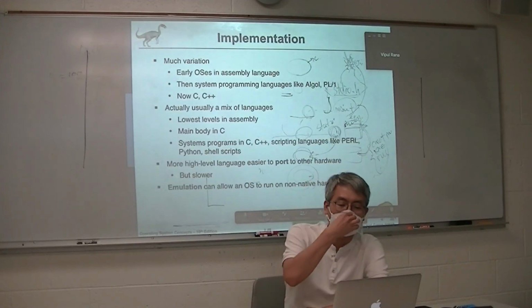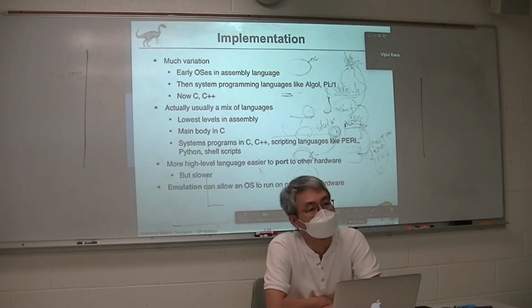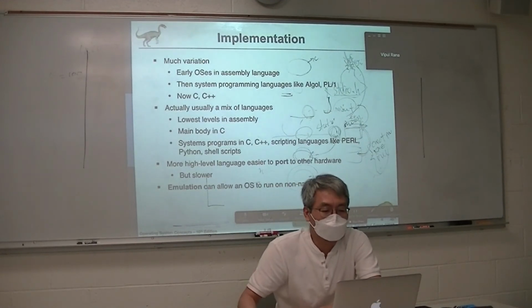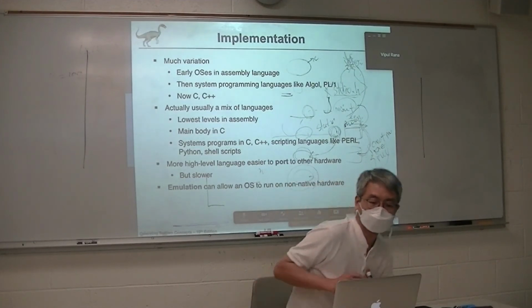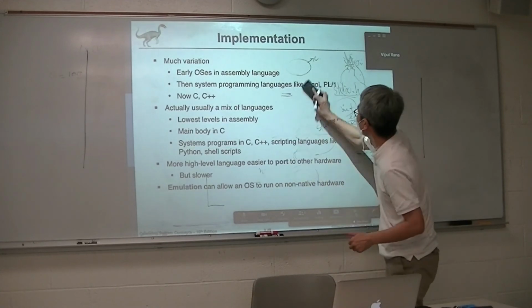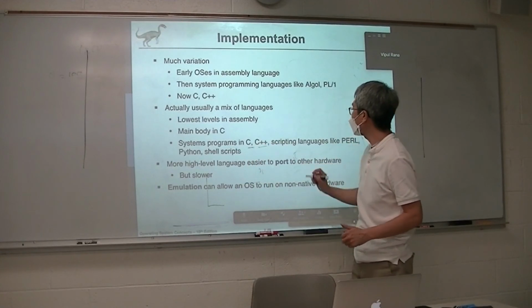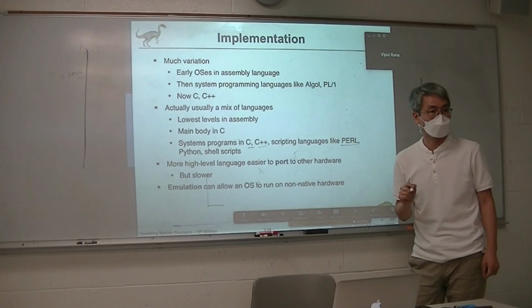So, finally, when you implement your operating system, we are going to use mostly C or C++. Nowadays, mobile operating systems like Android, for example, are based on Java. But mostly C or C++, and some script languages like Perl to support the system library.